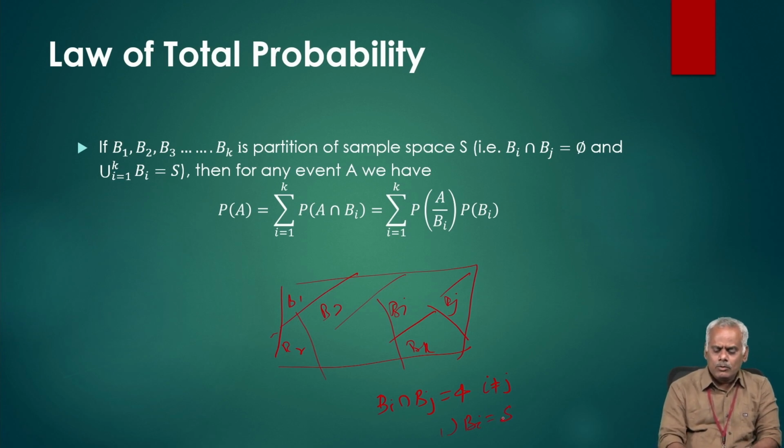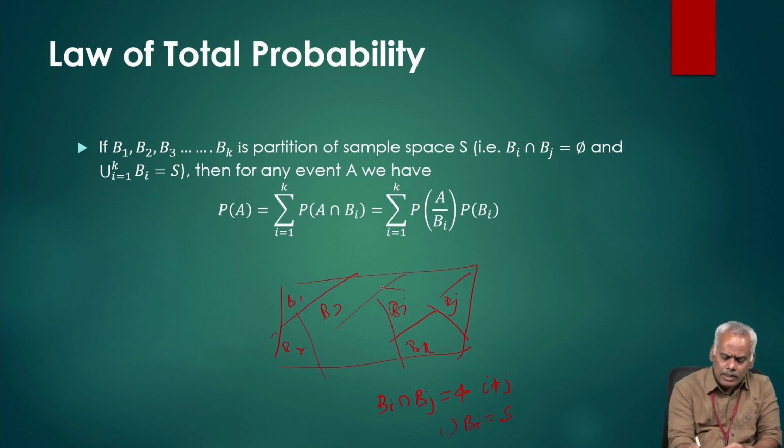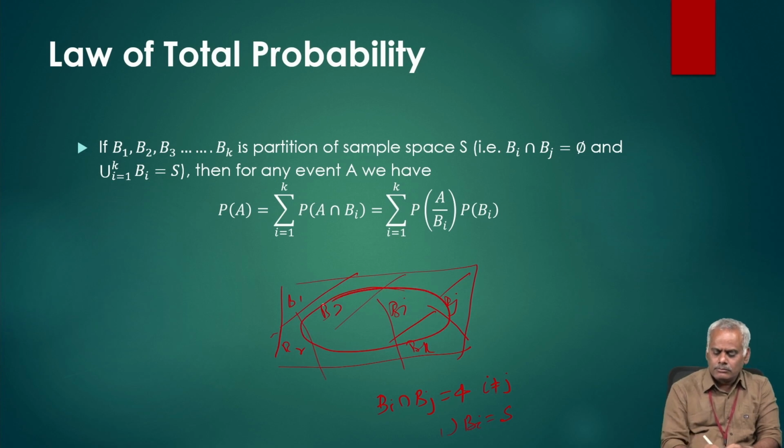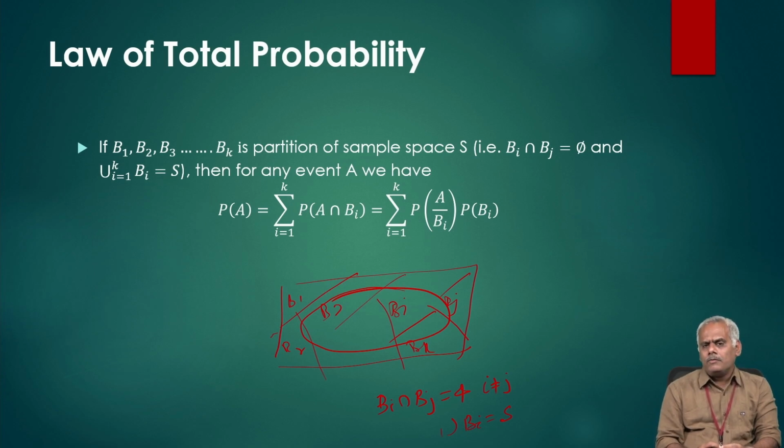So if B1, B2, B3 up to Bk is a partition of sample space S, then for any event A, this circle is event A, we have probability of A is equal to summation of probability of A intersection Bi, where i takes the value from 1 to k, or in terms of conditional probability, A intersection Bi can be written as probability of A given Bi times probability of Bi.